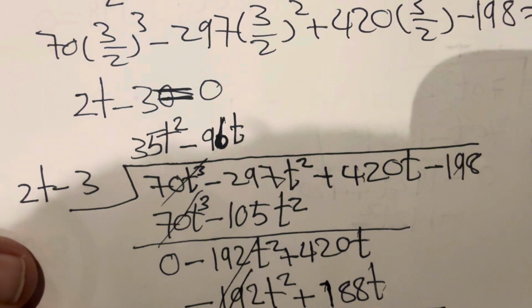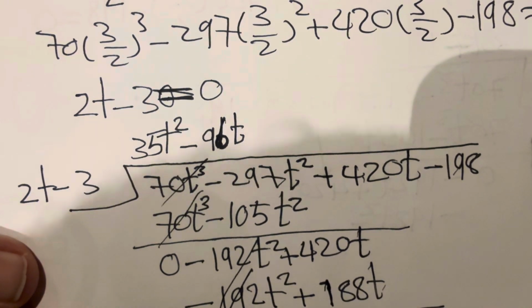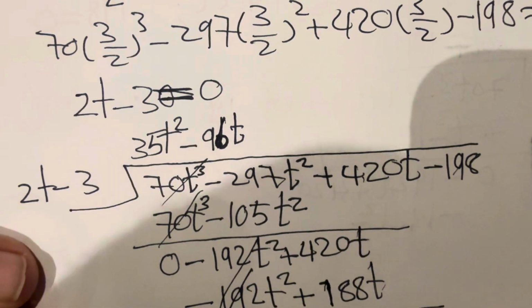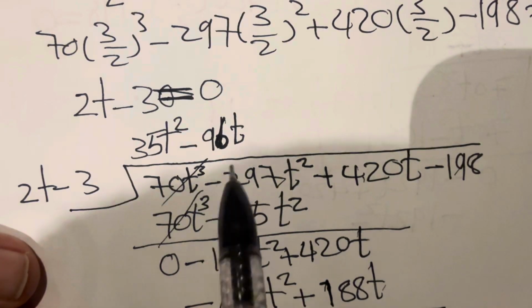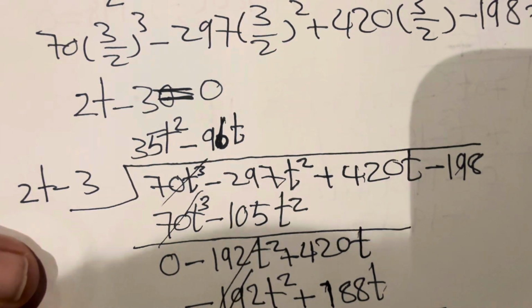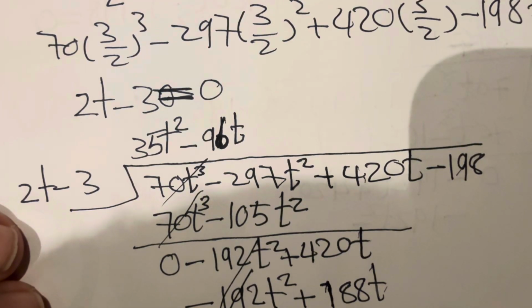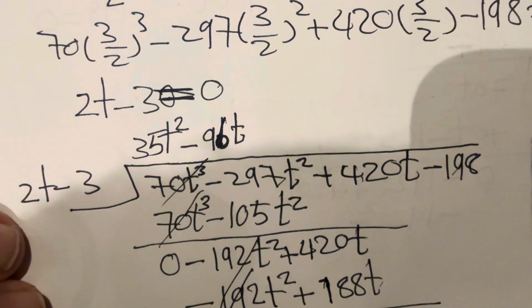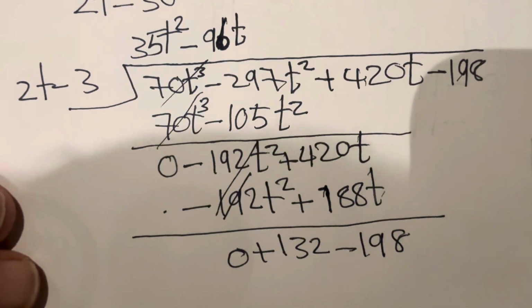Those two cancel out, we get 0 here, and we get 132t minus 198.